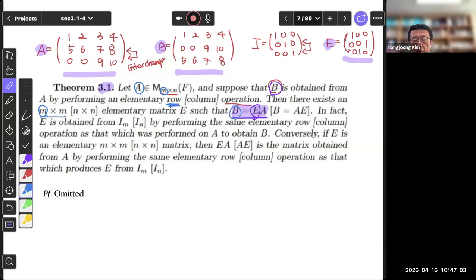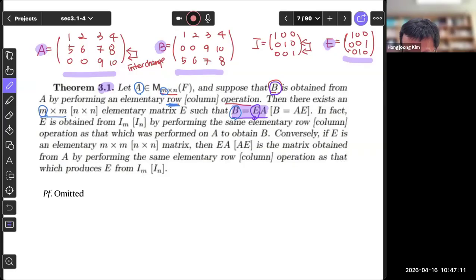If you perform a column operation, then you need to consider the n by n identity matrix. You perform the same column operation on this identity matrix, and then post multiply that E with A. So A times E is computed.